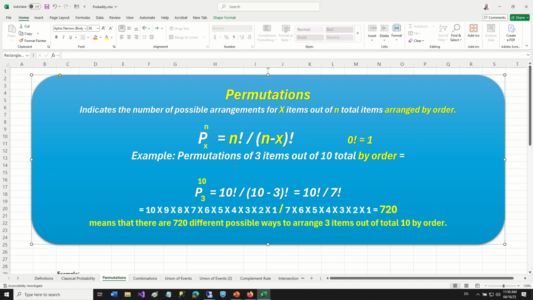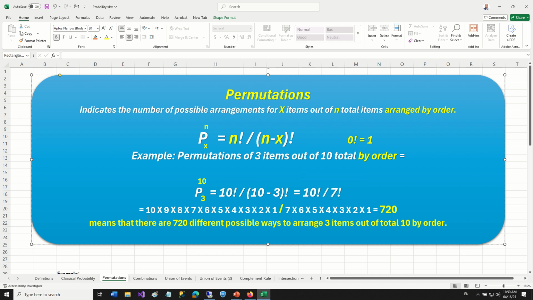So for example, permutations of 3 items out of 10 total by order will be P 3 out of 10 equals 10 factorial divided by 10 minus 3 factorial, equals 10 factorial divided by 7 factorial.